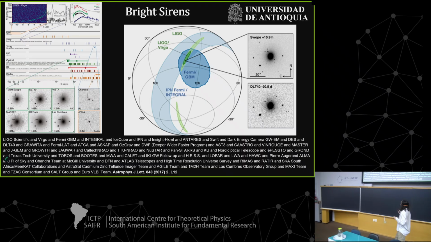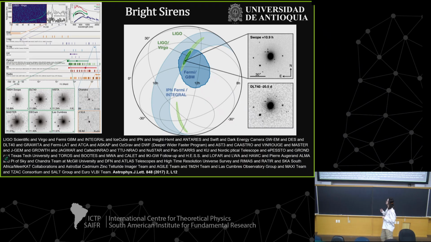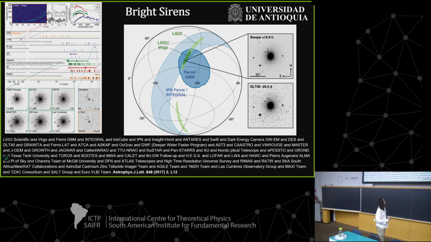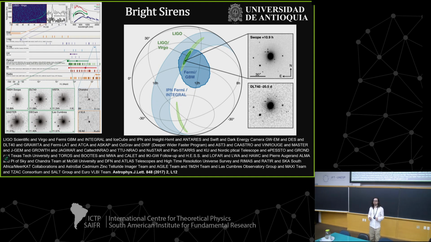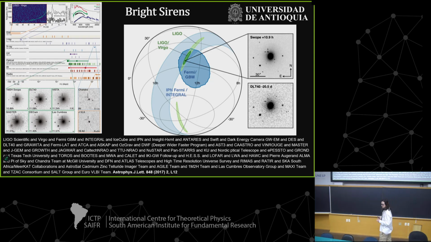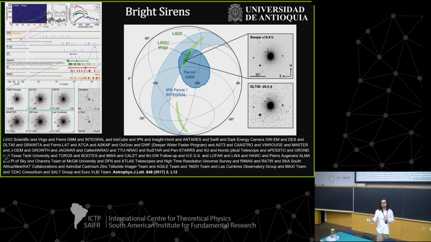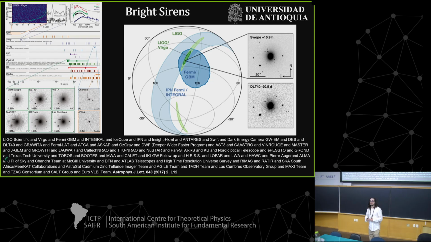As many of you probably know, using the electromagnetic information you can determine the host galaxy of this merger event, and then you can get the redshift of the source as well. So you have the distance from the gravitational wave and the redshift from the electromagnetic observations, and this leads to an independent measurement of cosmological parameters, such as the Hubble constant. What I mean by independent is that it is independent from other probes, the electromagnetic probes that can be used to obtain parameters such as the Hubble constant.